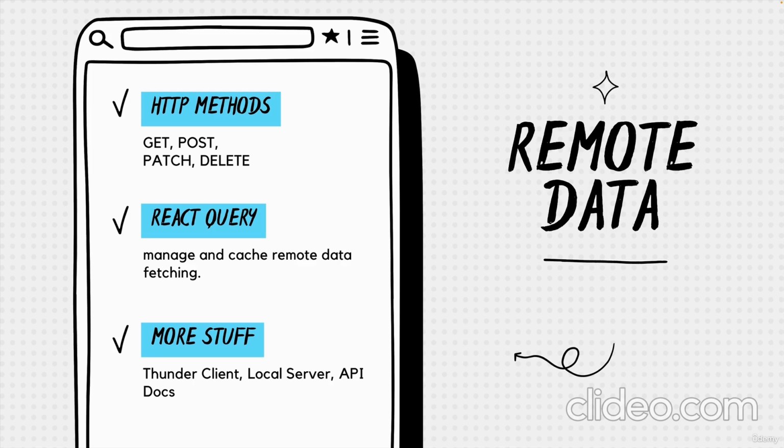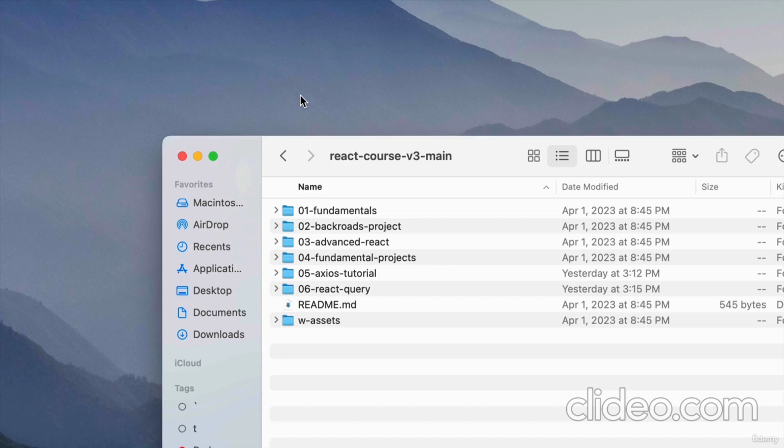All right, now that we have covered the basic theory of managing remote data, it's time to dive in and start implementing these concepts in our React application. In order to follow along, you'll need a starter located in the 06 React Query directory.